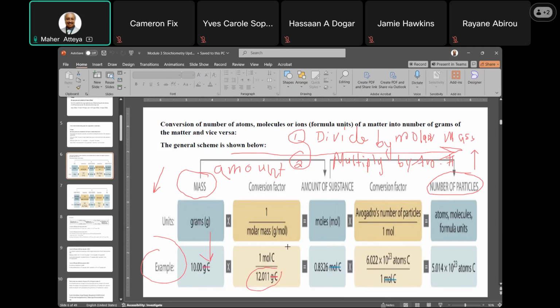This is the atomic mass of carbon. Cancel the grams with the grams, you get moles. Then you multiply by Avogadro's number, the moles cancel with the moles, and you get this number here. Remember, this is 4 sig figs, this is 5 sig figs, this is 4. Your answer has to be 4 sig figs.